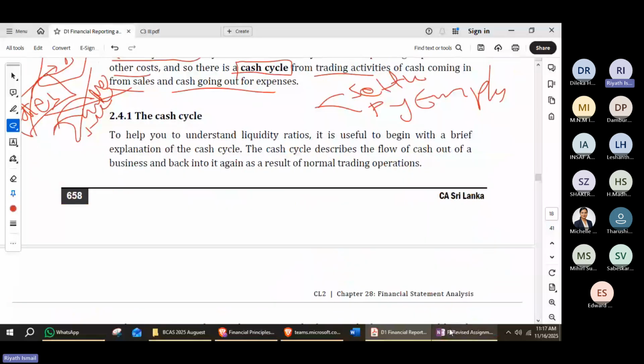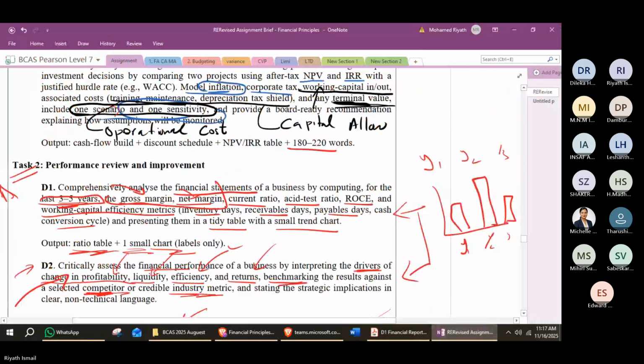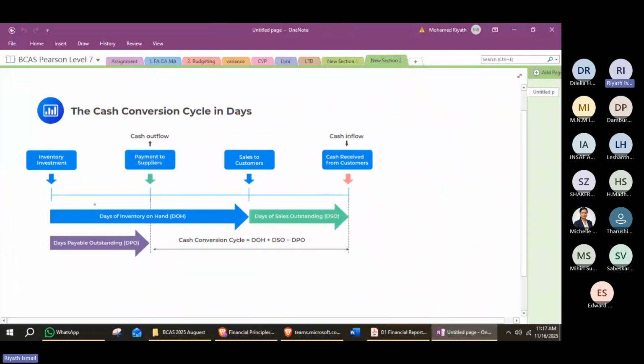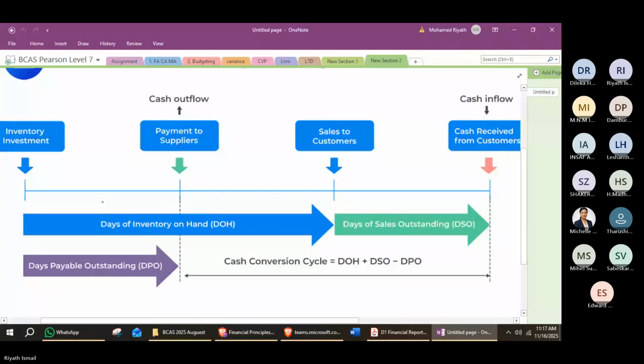Before that, I will give you a small intro on the cash cycle. So this is the cash cycle. First, once they get money, what people do is purchase inventory.